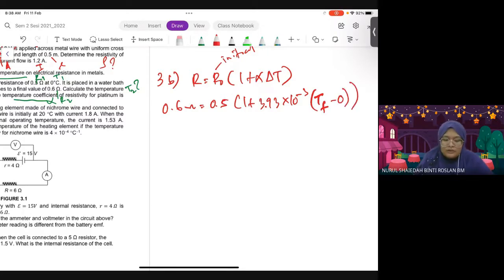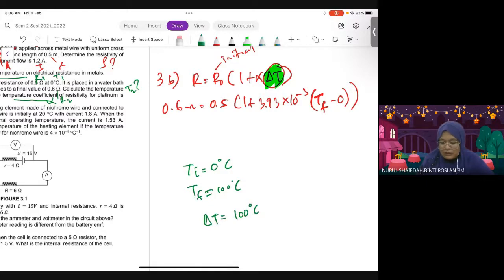Okay, you don't have to change your temperature in Kelvin because we are talking about delta T. Ingat lagi tak SEM 1 saya cakap. Delta T ni tak perlu tukar. Sebab kalau contohnya T initial dia kosong, T final dia 100, beza dia jadi 100. Tapi kalau you tukar kepada Kelvin sama je. 373 tolak 273, dapat juga 100 Kelvin.